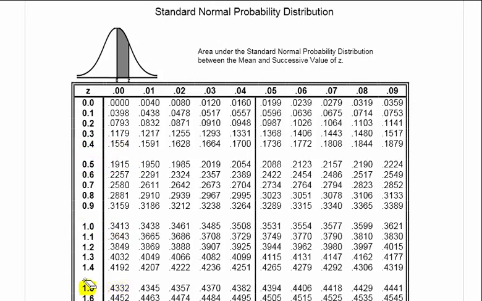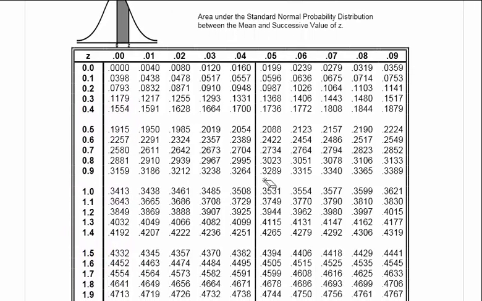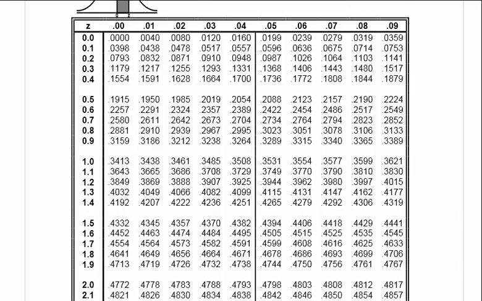We know the area; we want the z-value of 0.4000. We're looking for that on the inside of the table. It's going to happen somewhere between here. We see 3997 and 4015. The 3997 is closer, so I'm going to go with that value as the winner.